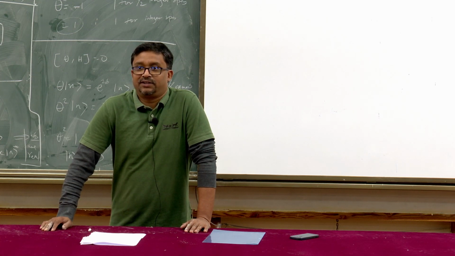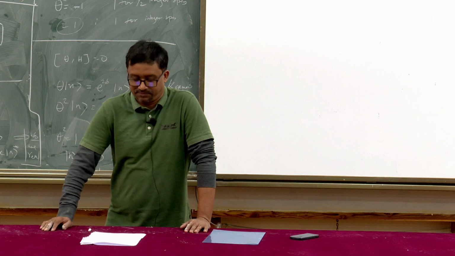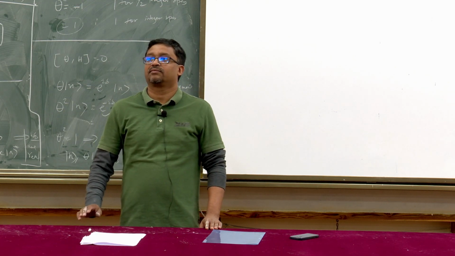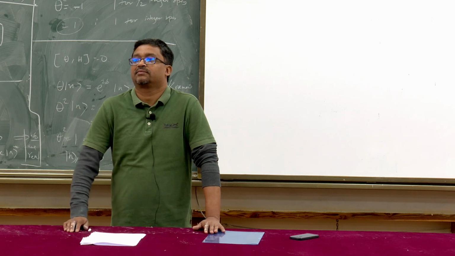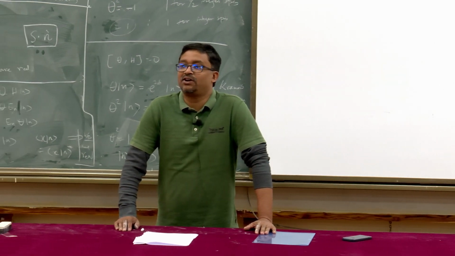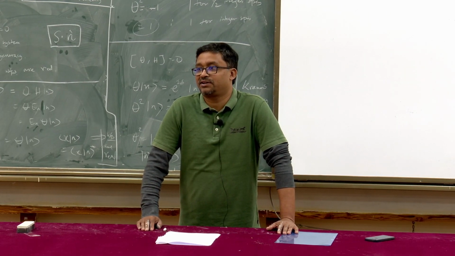So, questions, comments, suggestions? You have a question, tell me, because we want it recorded. Generally, if an operator commutes with the Hamiltonian, then it is a constant of motion. But that conservation law is only true if you have a unitary operator.